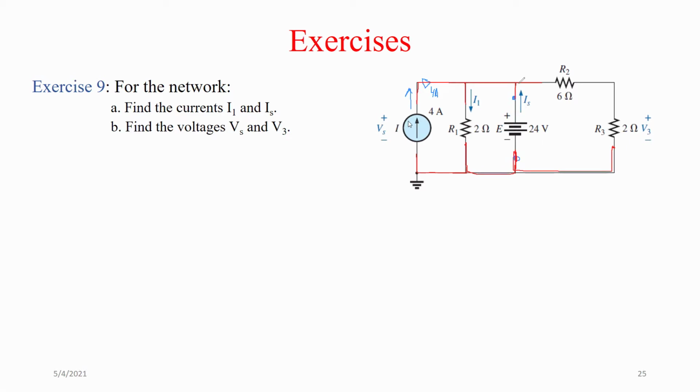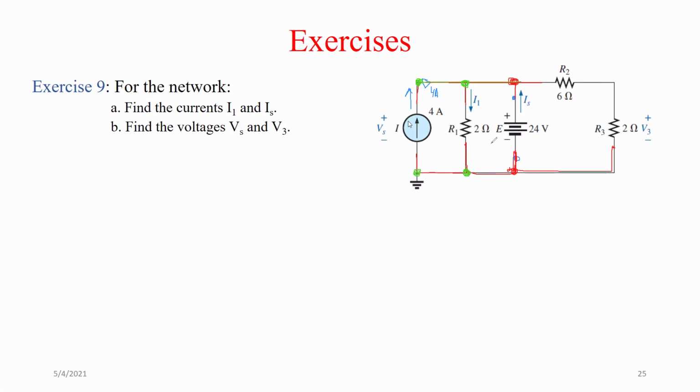So the voltage between these 2 points is going to be the same as the voltage between these 2 points, because this is connected. No voltage drop here. You can see they're connected in parallel.